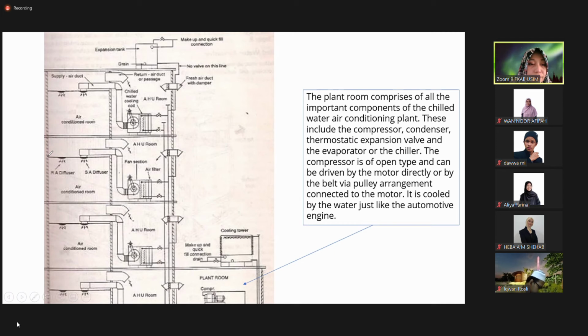Normally this is a beam. Katalah kat sini, this is a beam. This is a floor slab. Floor slab, contoh, example. This is a floor slab. This is a beam. And this is your ceiling.